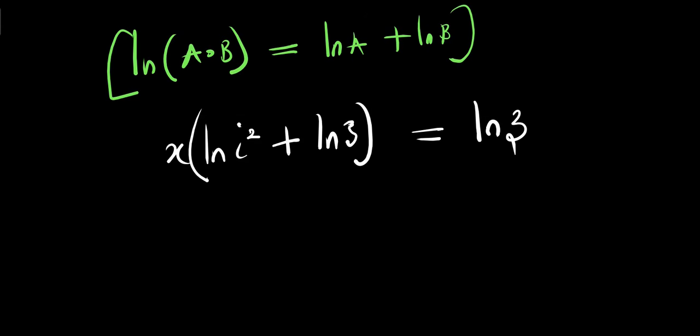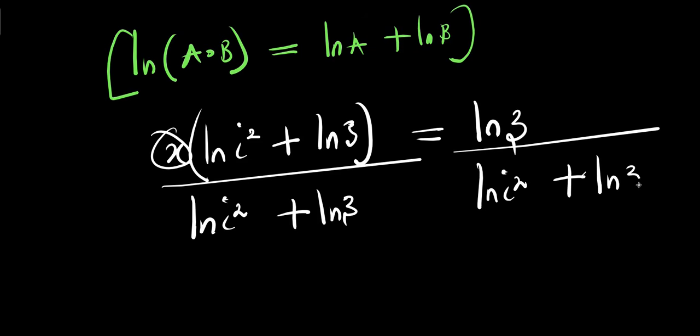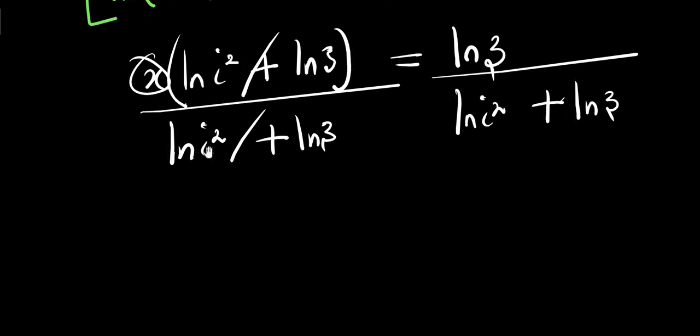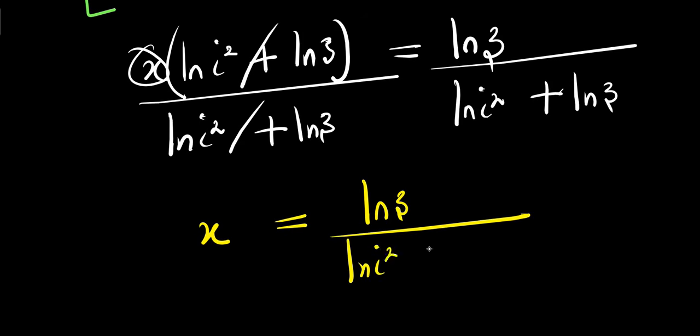So from here, I can isolate this x by dividing this by natural log of i^2 plus natural log of 3. This will eliminate this. So from here, x equals natural log of 3 divided by (natural log of i^2 plus natural log of 3).